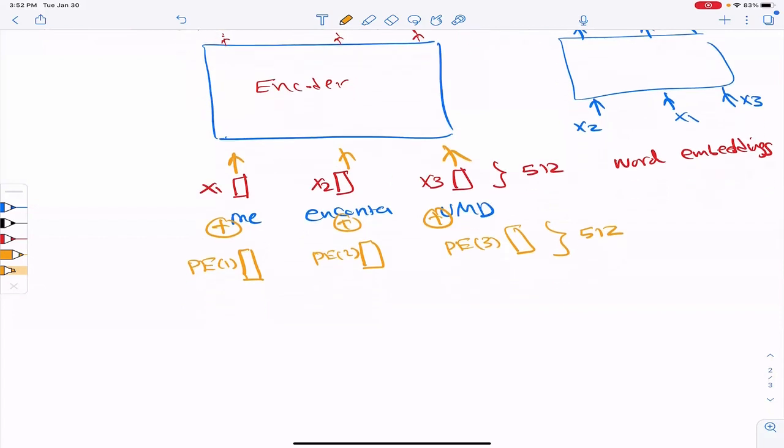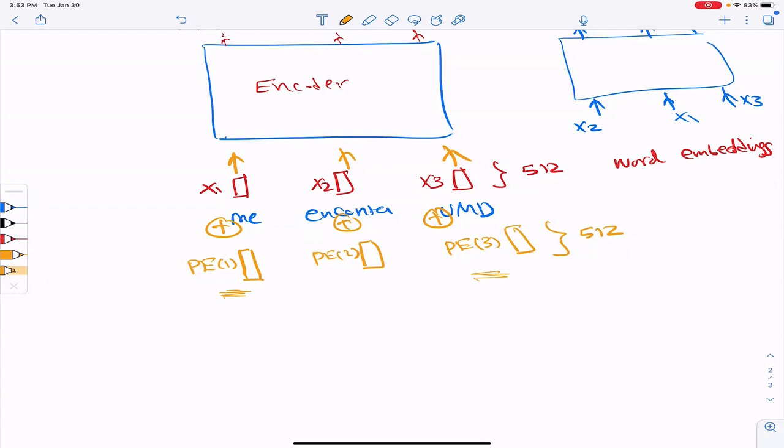So can I have a positional encoding vector in a way that this vector for position 1 and the vector for position 3 are the same? Or for position 1 and position 20, they're the same. We can't have it, right? Because you want the information about the position to be corresponding to that vector.